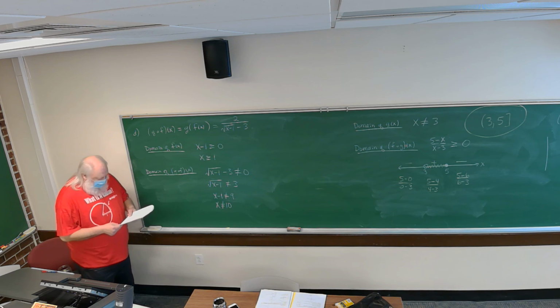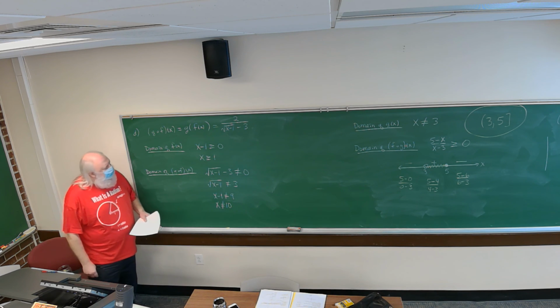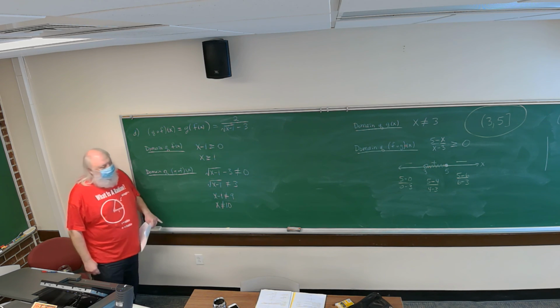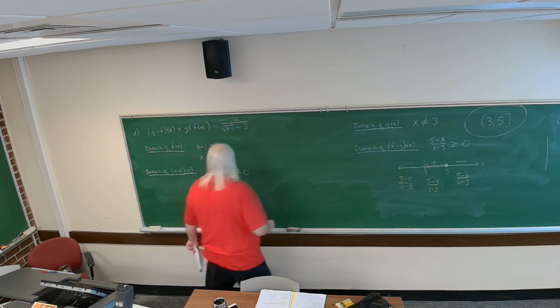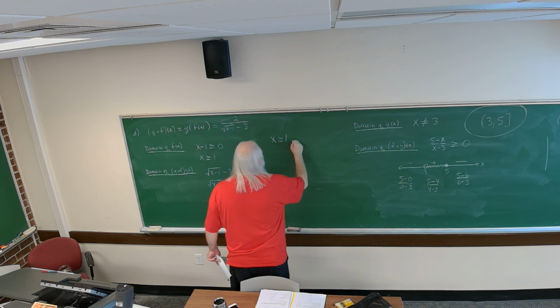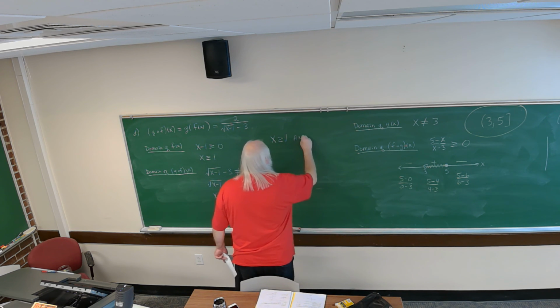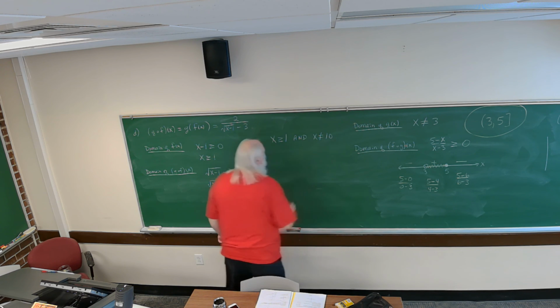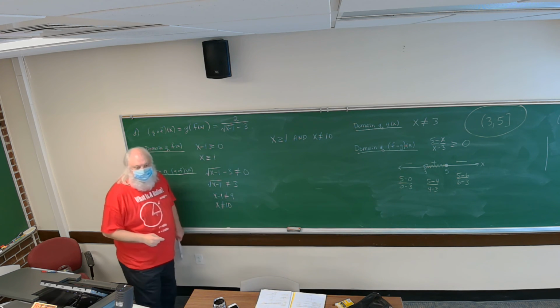Okay. So there are two restrictions in the domain of the composite function. Okay? x is greater than or equal to 1, and x can't equal 10. Those are the two restrictions. Okay?